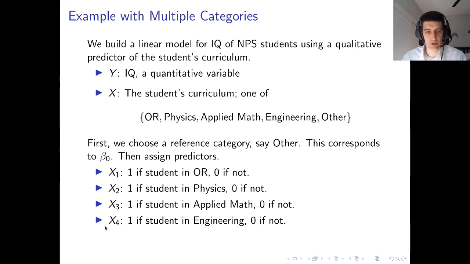For example, the contrast, the coefficient that's attached to x4 here, would say, how do I adjust my prediction with the knowledge that the student is in an engineering curriculum? It's important to keep in mind that when I say adjust, I mean adjust from the reference category. How do I adjust my prediction for the other curriculum if I knew that the student was in an engineering curriculum?